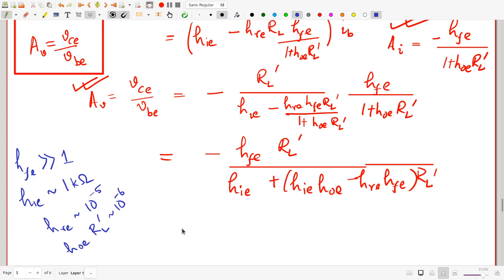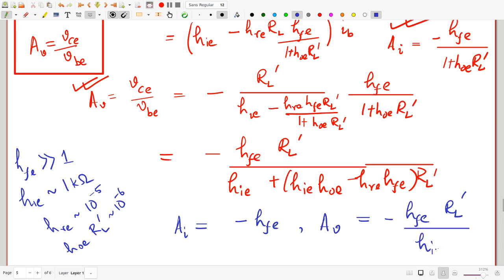So what this actually does for you is that it ends up giving you an expression for AI, which is as simple as minus HFE, and AV, which is just minus HFE RL prime by HIE.